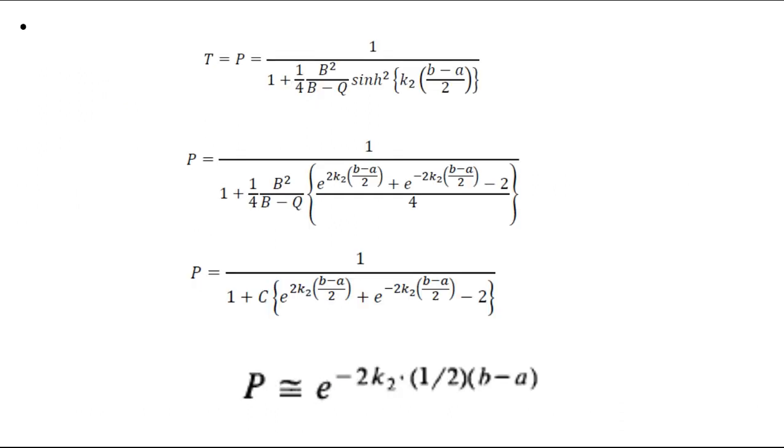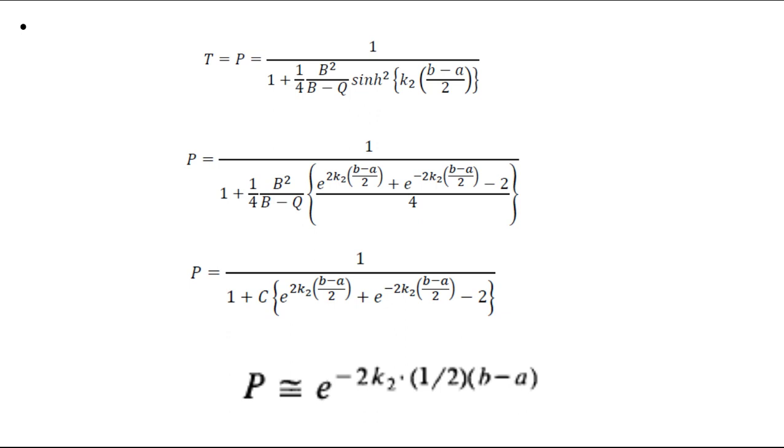In the next slide, you can see that just by replacing the sine hyperbolic, we can change it into the exponential form. In the third equation, you can see that c is just a constant, because b and q are constant, 4 is taken out, and they are all constant.